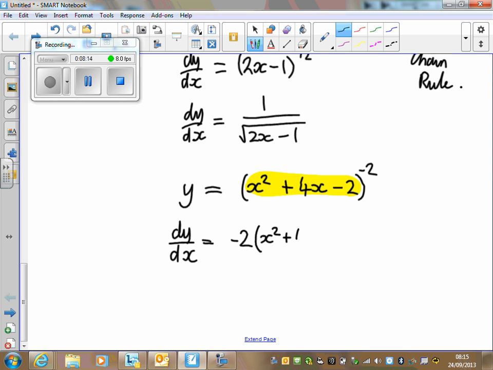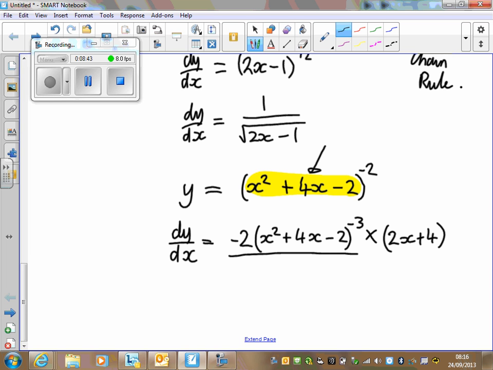So if we differentiate that something to the power of minus 2, the minus 2 comes in front, and we subtract 1 from the power. We do then, however, have to multiply by what the inside bit differentiates to. The inside bit differentiated is 2x plus 4.